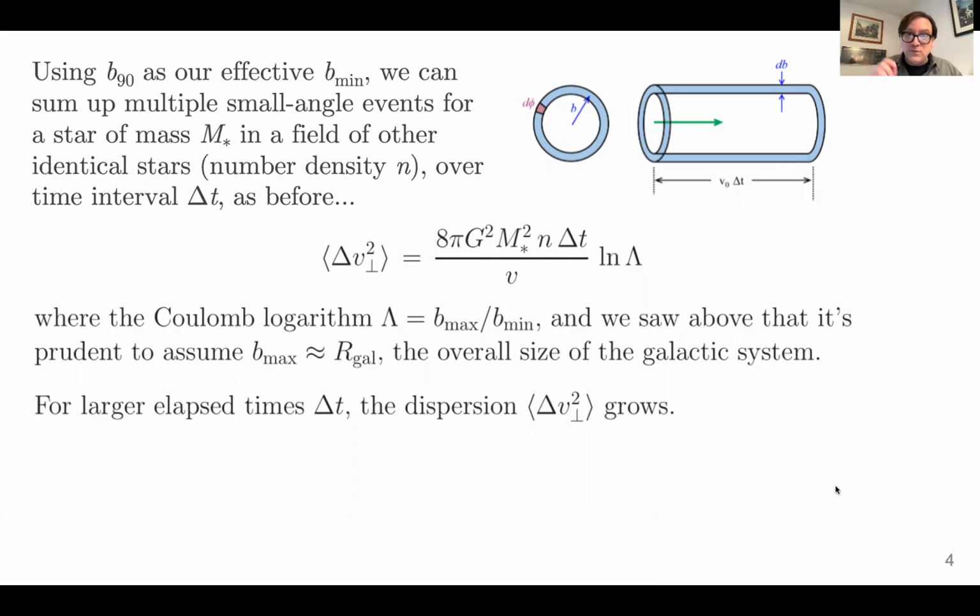Instead of the Q1 Q2, there's the GM. We get the slowing down time scale, and we get the perpendicular diffusion time scale as I wrote here. It's all really the same derivation.